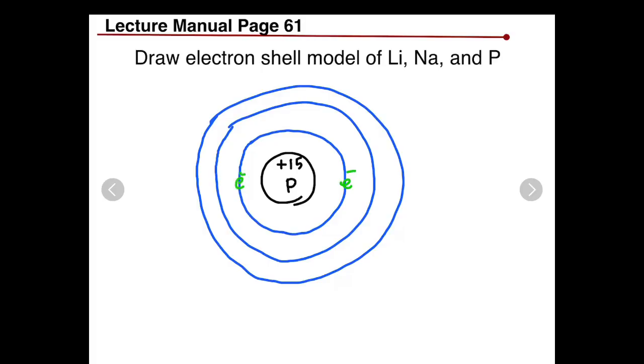Okay, so 1, 2, 3, 4, 5, 6, 7, and then 8. Okay, the third layer contains 5, right? So it would be 1, 2, 3, 4, 5.